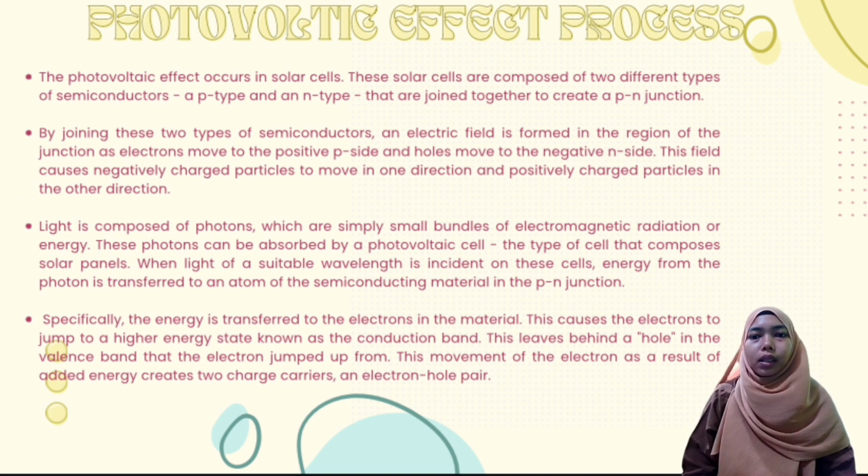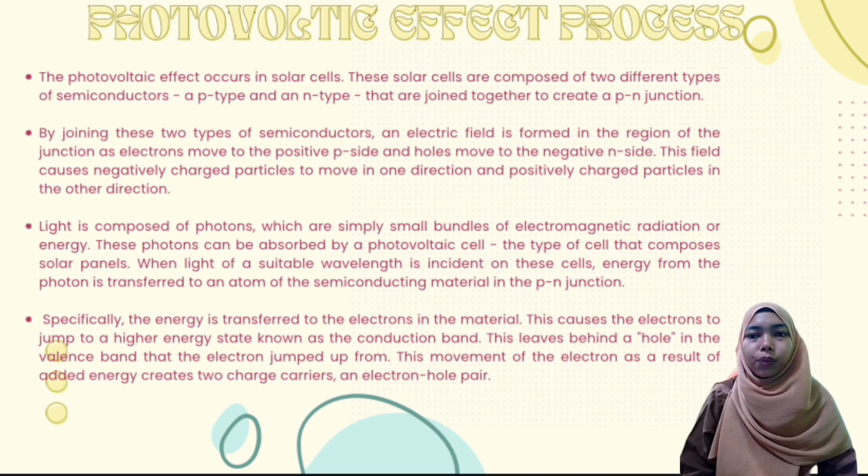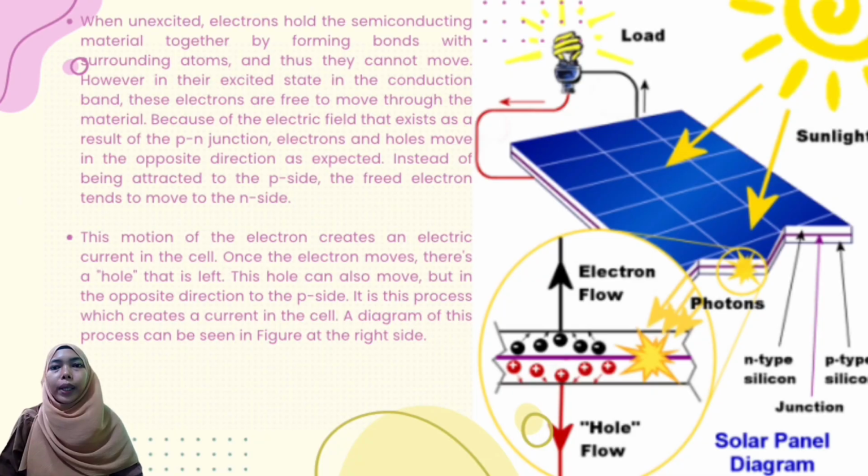This leaves behind a hole in the valence band that the electron jumped up from. This movement of the electron as a result of added energy creates a charge carrier, an electron-hole pair.